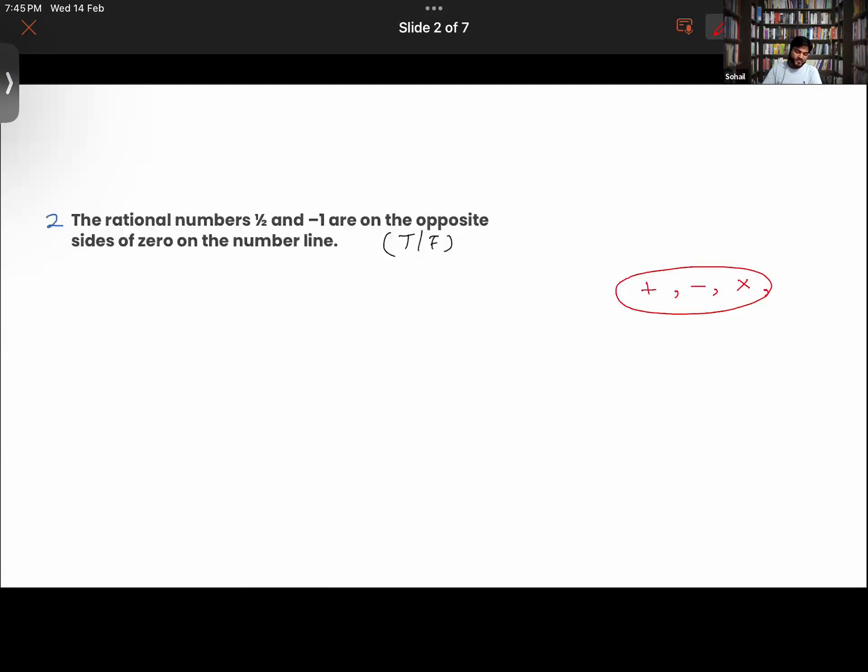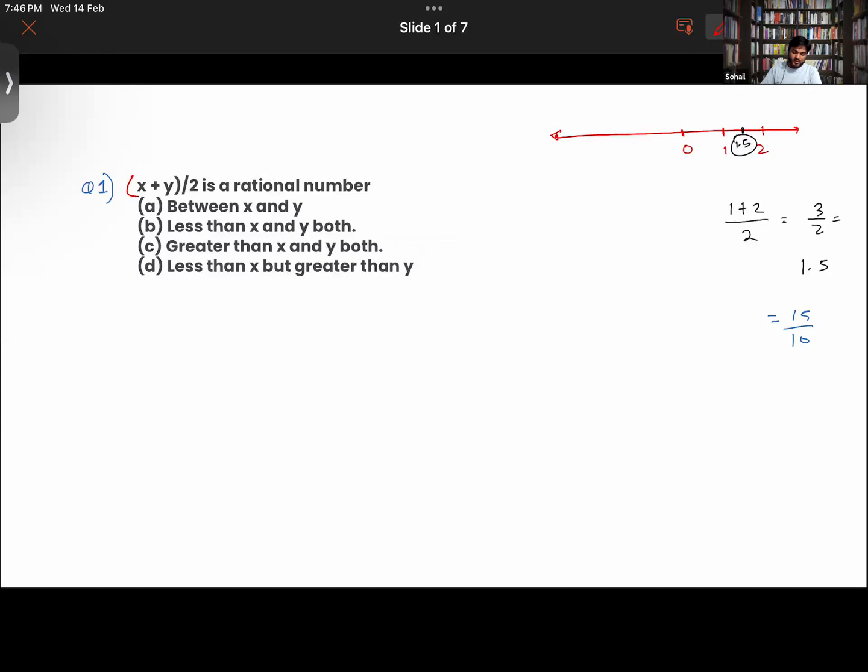Also, regarding the first question, between two rational numbers x and y, how many rational numbers can you find? Between two given rational numbers, how many rational numbers can you find between them?